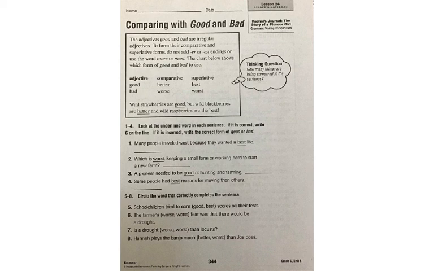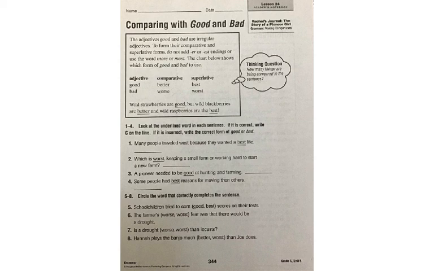When we're comparing more than two things, we make that a superlative adjective and we use the word best. When we have the adjective bad and we're comparing two things, we use the word worse. When we are comparing more than two things, we make it superlative and we use the word worst.